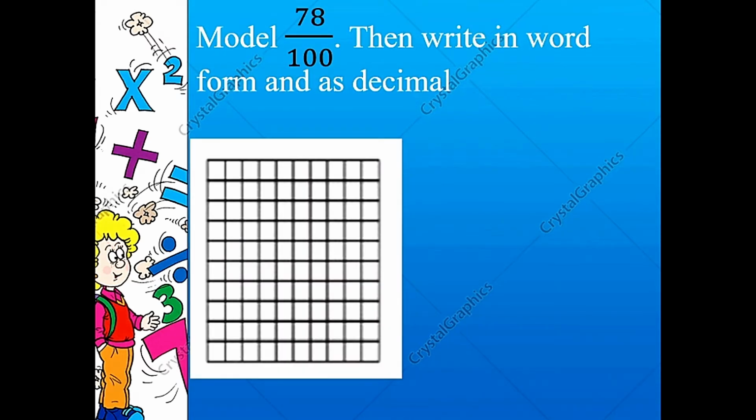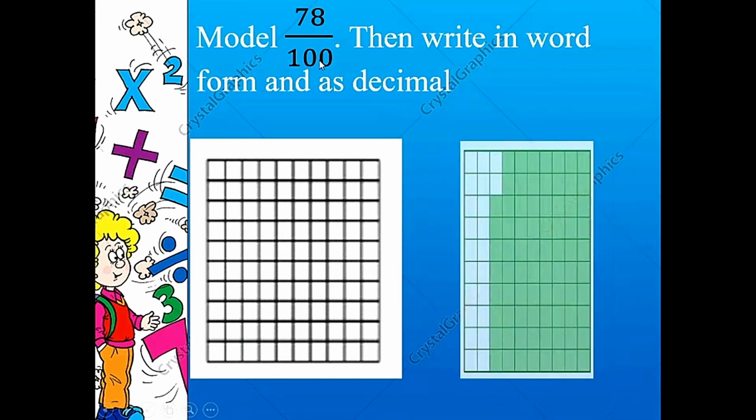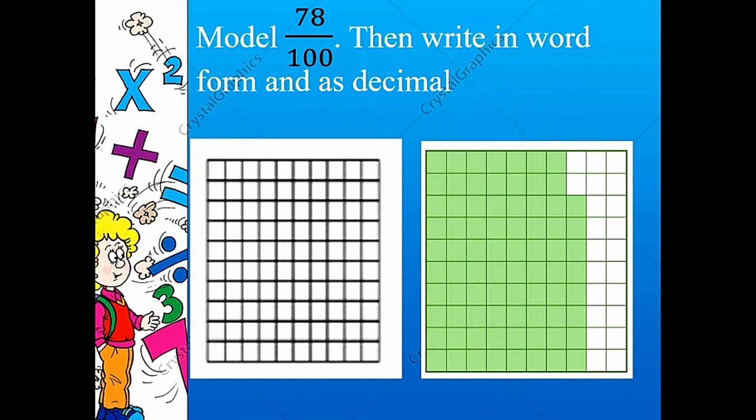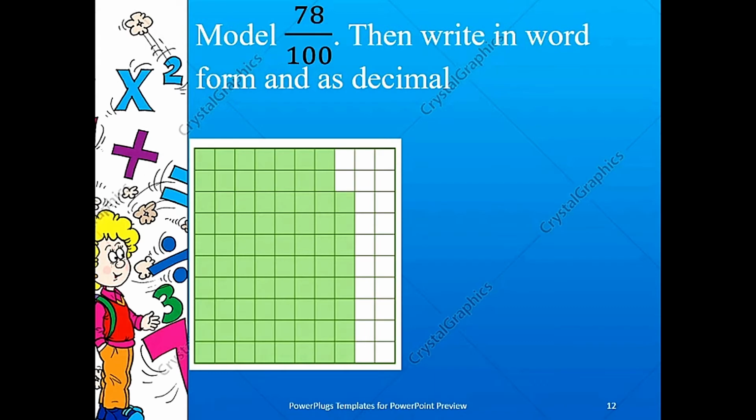Another one. This time, we will be using our second model to represent hundredths by showing 100 small cubes. The problem is model 78 over 100. The same thing, we will write in word form and as a decimal. Our numerator is 78 and our denominator is 100. Therefore, we will shade 78 small cubes out of 100. And after shading 78 out of 100 small cubes, we will write in word form.